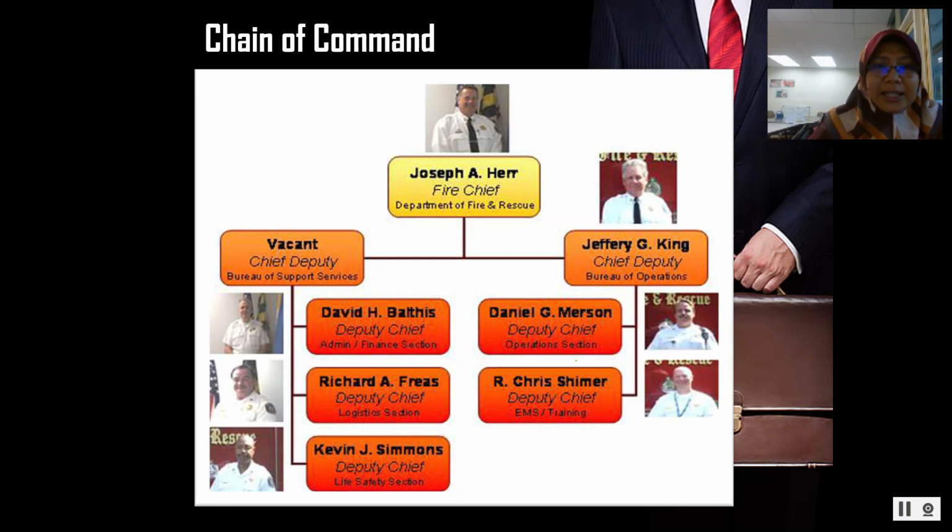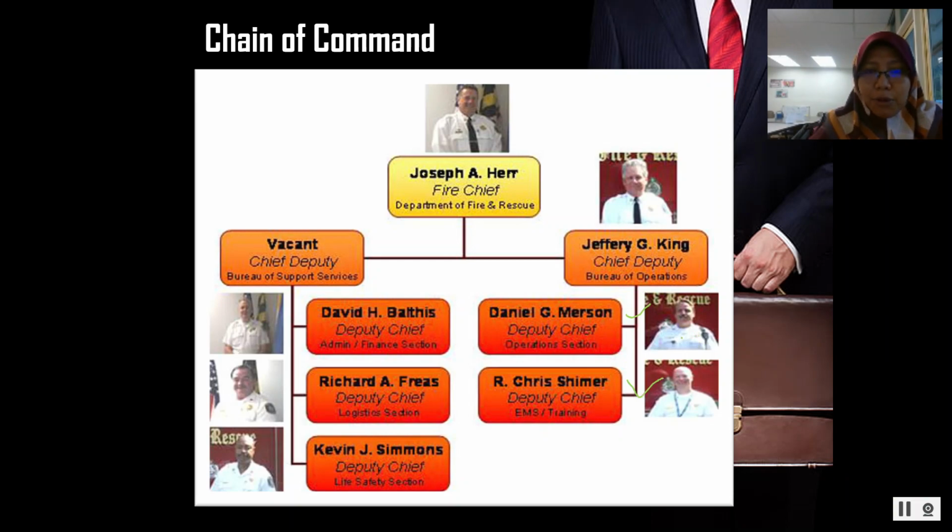Okay, you can see that Joseph here is the fire chief of the department. So Jeffrey G. King and this one, which is vacant, need to report to Joseph. But again, you can see under Jeffrey G. King, there are Daniel G. Person and also Chris Schimmer.